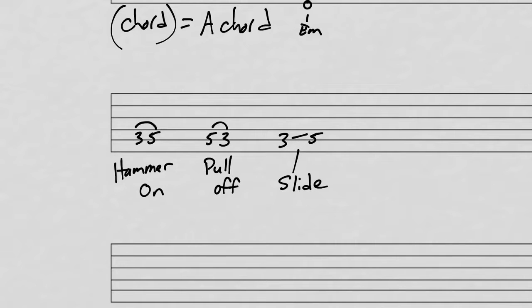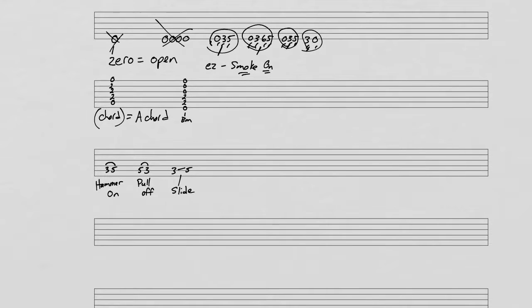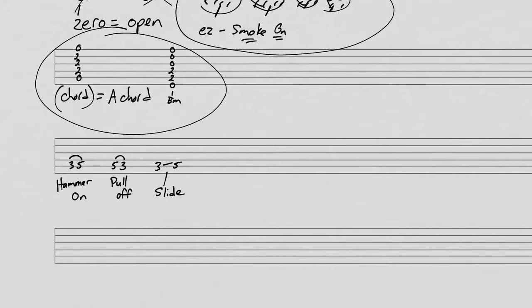There's just a lot of different kinds of notation that we can deal with, but this is the beginning stages of how we read tablature. And the most important thing is you're either reading single notes like this, or you're reading chords like these, and then there'll be all sorts of different little symbols and things that you'll learn how to do stuff with. For instance, if I did this and I wrote this next to it, that means to bend.